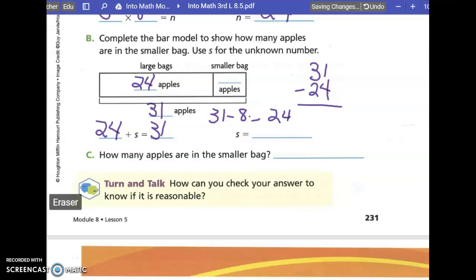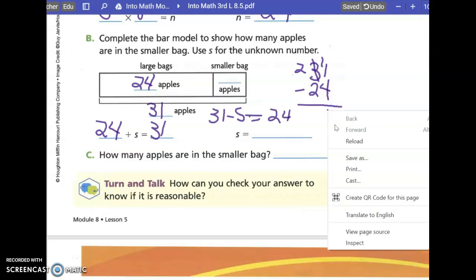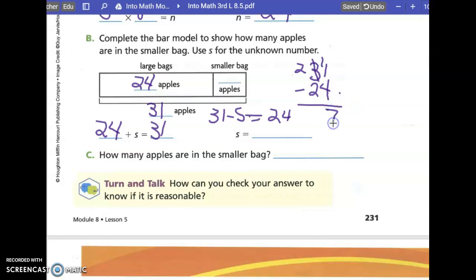Whoops, I wrote 8. Okay. So let's stack it and subtract it. Got to regroup, right? Can't have 1 and take 4 away. So now we have 11 minus 4, which is 7. And 2 minus 2 is 0. So S is equal to 7. So how many apples are in the smaller bag? 7.